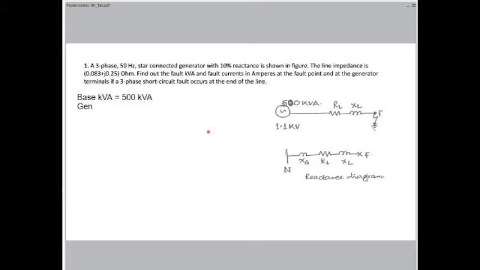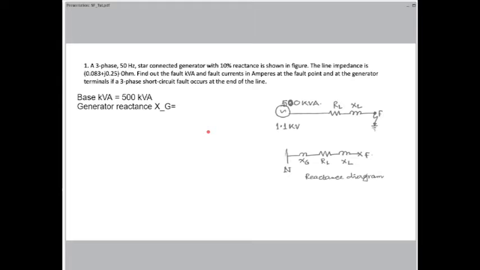Reactance. We have to calculate the reactance of each and everything in this system. The first part is the generator reactance, which we will write as Xg, capital G as subscript.